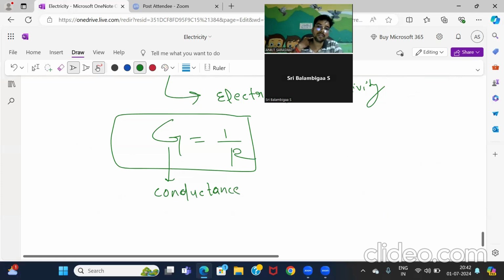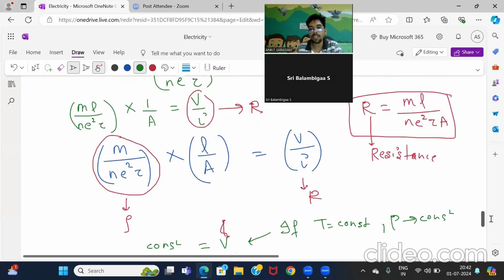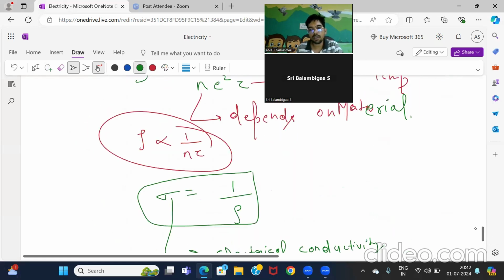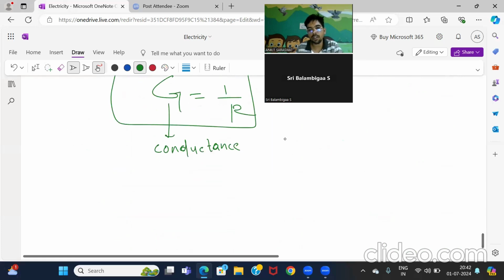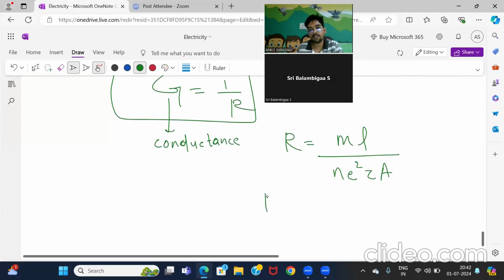Understood? Yes, sir. Understood. Now you just see what is the formula we get for R? R is m l by n e square tau A. Please tell me here what is constant.